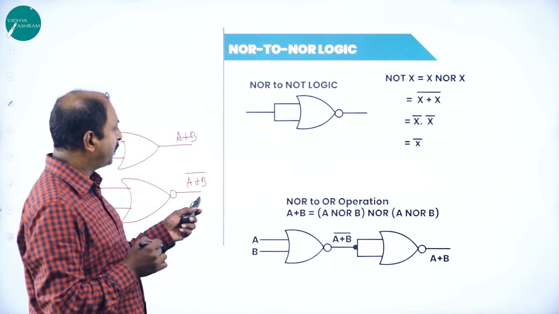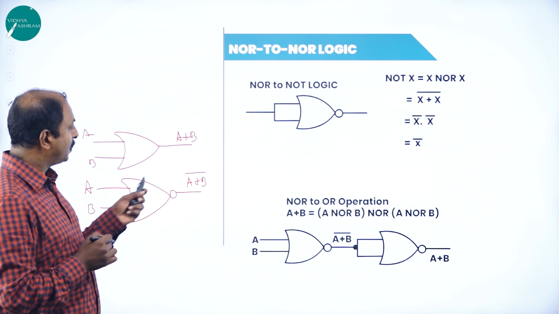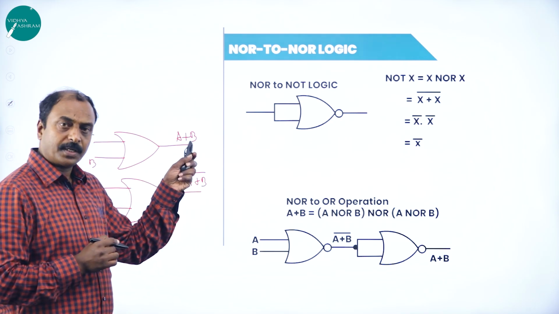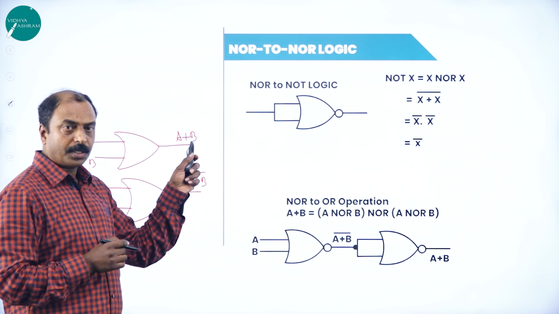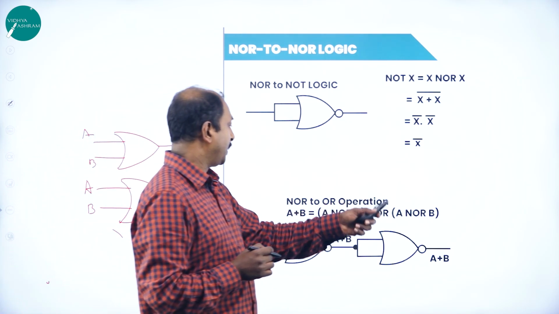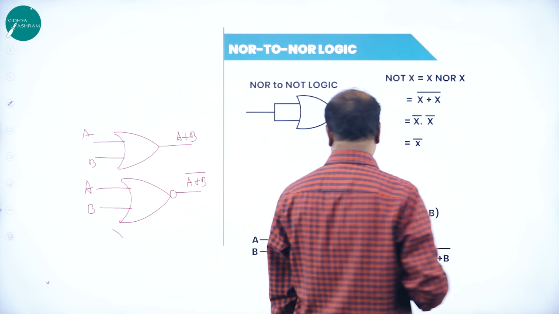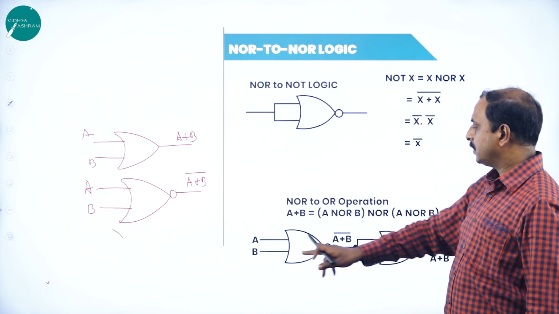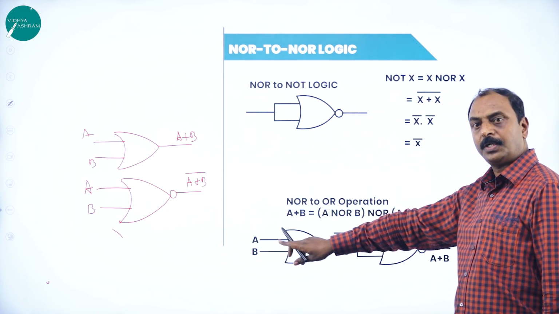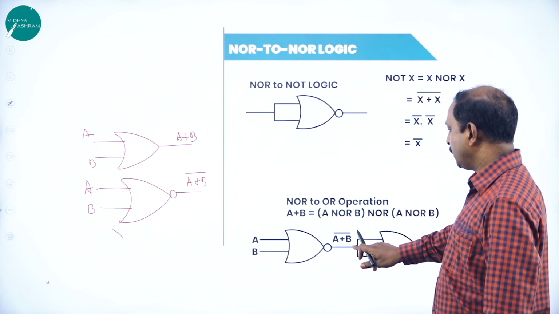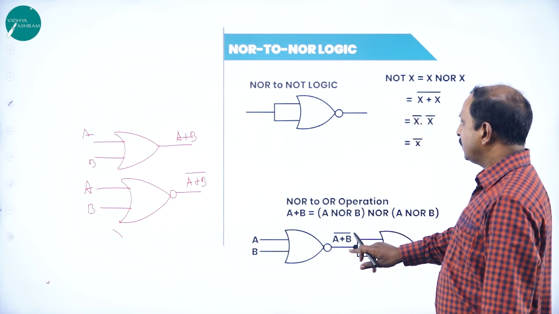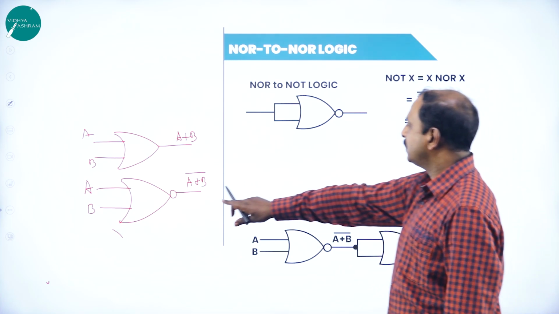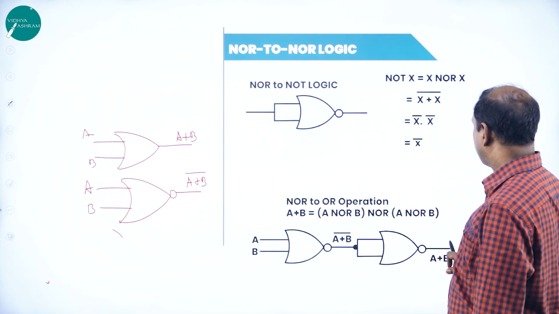So this would be the result of the NOR gate. Now we have to convert this NOR gate into an OR gate, that is the NOR to OR operation. Look at the circuit diagram here. This is a NOR gate with two inputs A and B, and this is the output of the NOR gate as you have written here. Now this is a NOT gate and we have to get the result as 1 here.